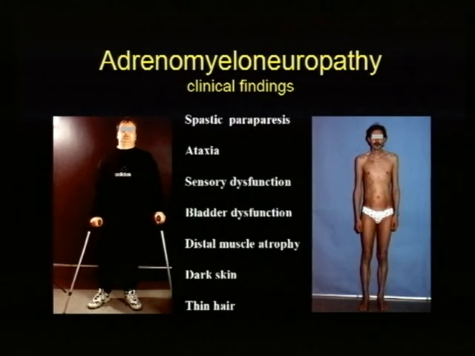These are men with spastic paraparesis, well enough known to all of you. Then they may have this hyperpigmentation associated with adrenal insufficiency, or they may not. It may come on relatively late in life.